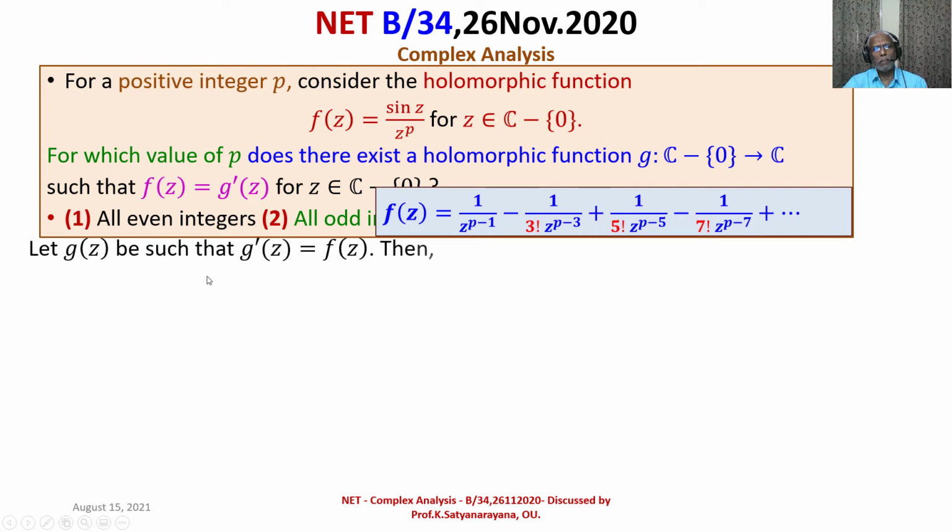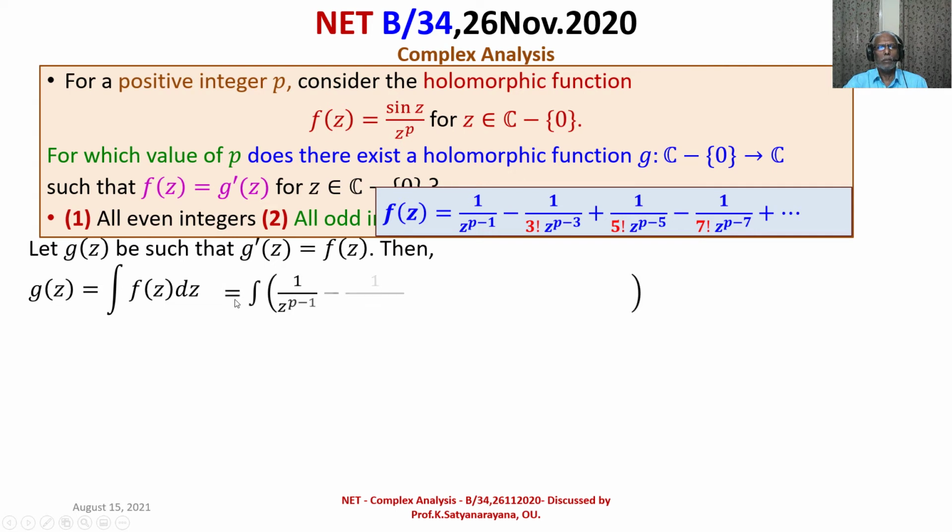Let g(z) be such that g'(z) is equal to f(z). Then if I want g(z), integrate on both sides. So the integral of g'(z) will be g(z), which is equal to the integral of f(z). So g(z) is equal to the integral of f(z) dz.